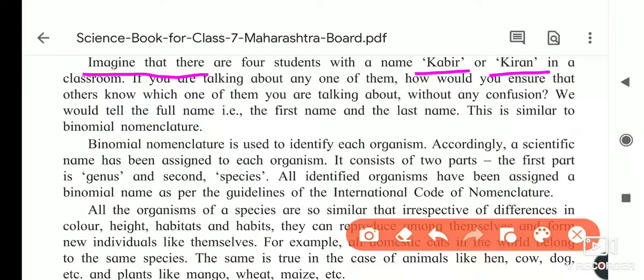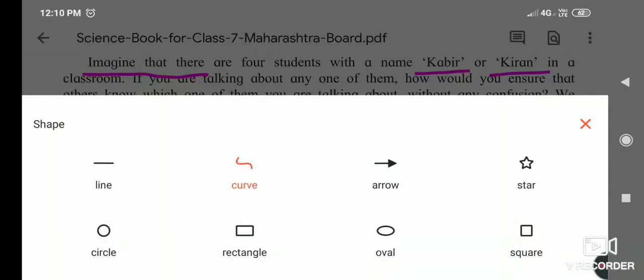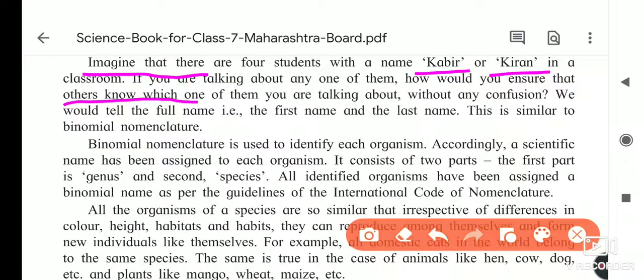If you are talking about any one of them, how would you ensure that others know which one of them you are talking about? If I want to speak about Pranav Karmare or Pranav Patil, I will say Pranav Patil or Pranav Karmare or Pranav Fadtare.